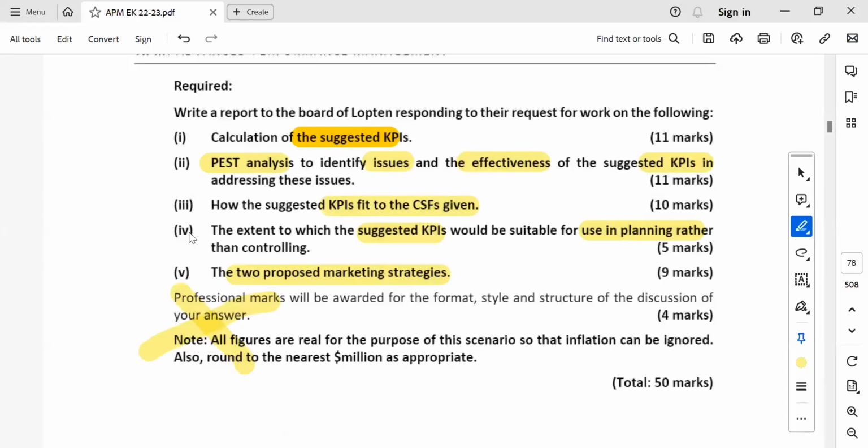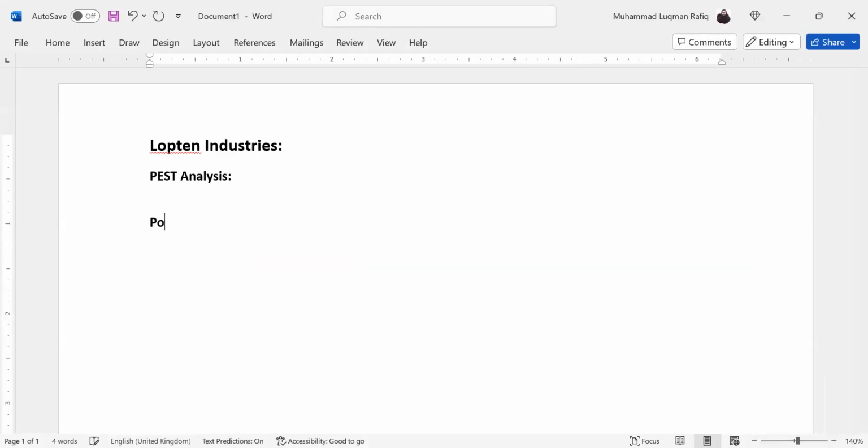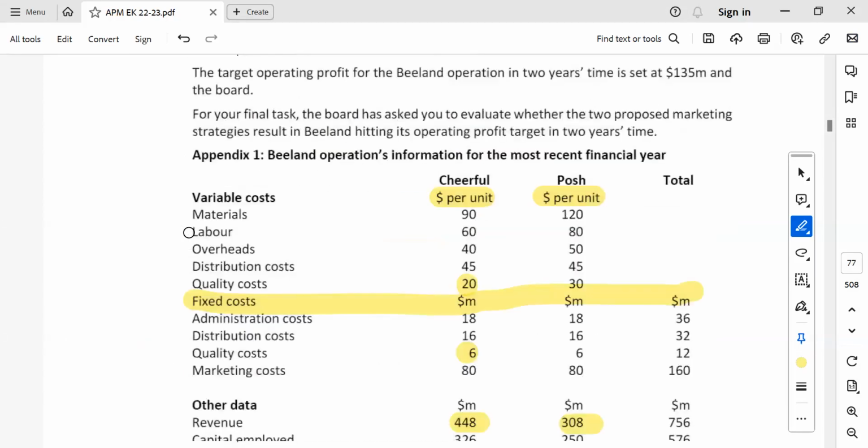He's asking for PEST, right? So political, economic, social, technological. Let's read through the question again and read out each of the pointers so that we can create a sort of chart.